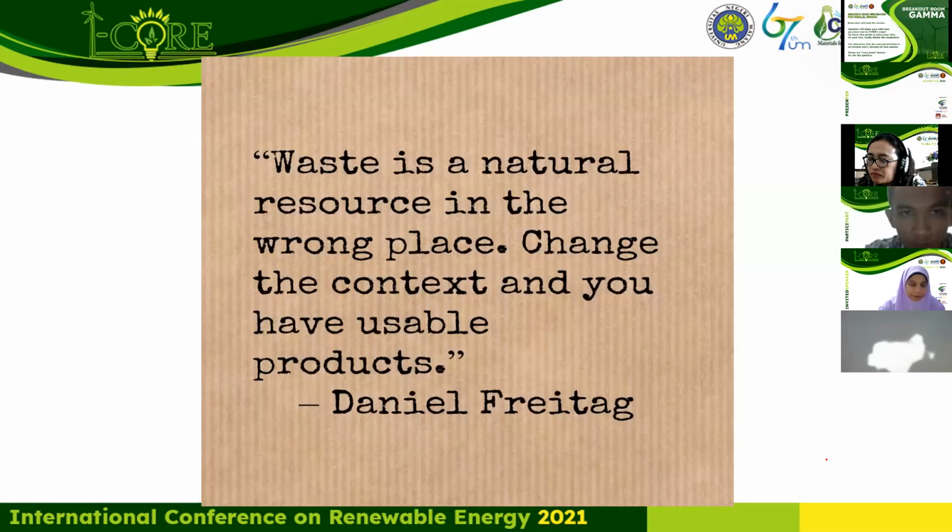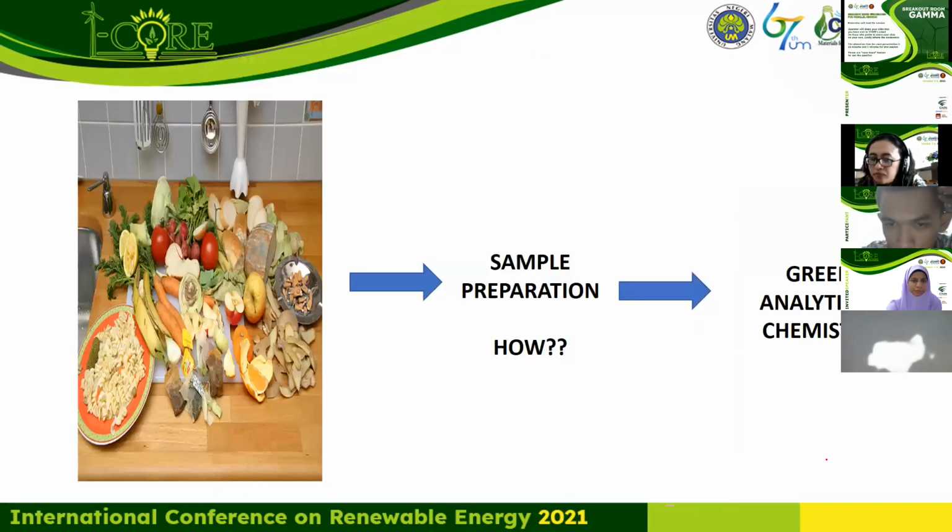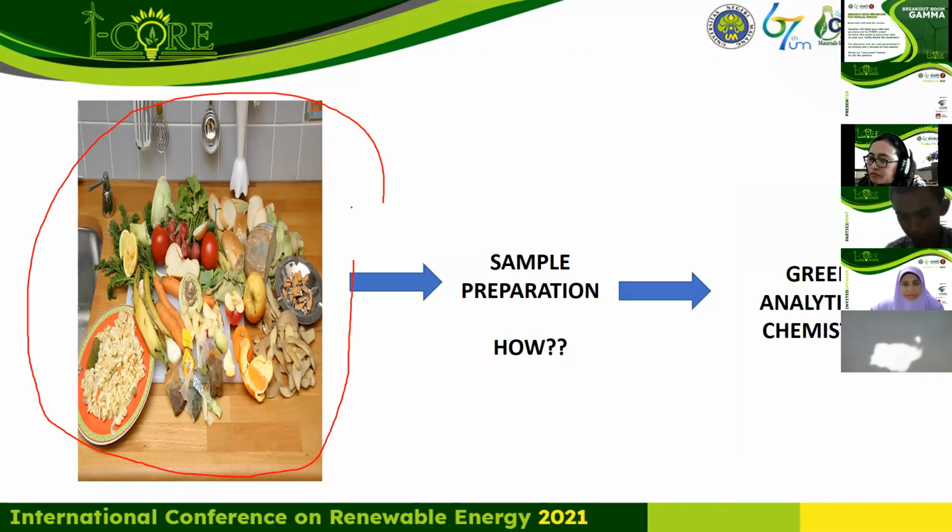Change the context and you have usable products. I love this quote because from this quote, I managed to do a lot of things and apply them in analytical chemistry. So maybe some of you wonder how this edible natural product, maybe some of it waste, relates to the sample preparation I mentioned just now.